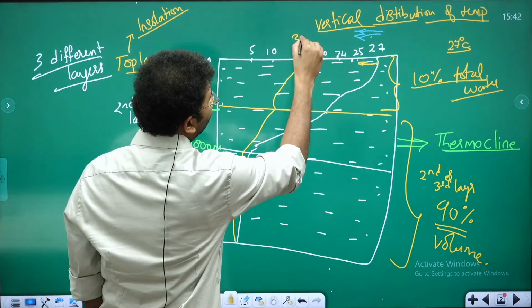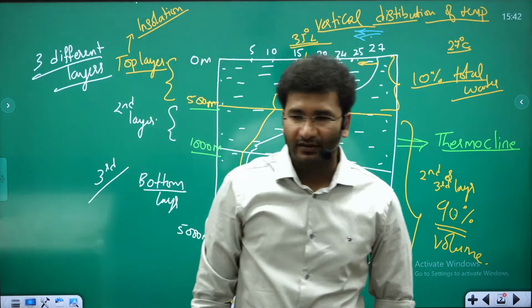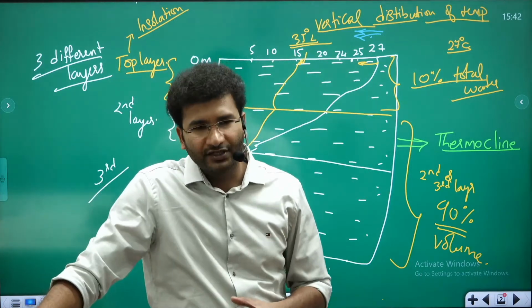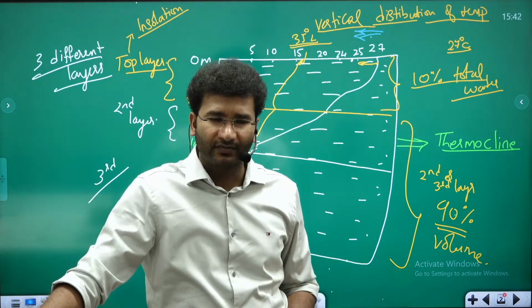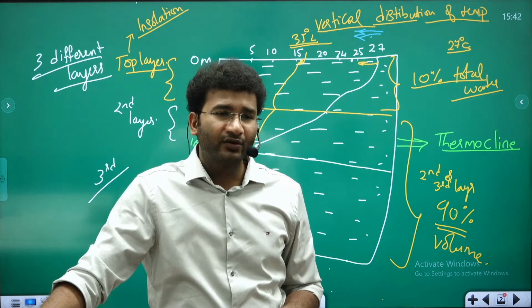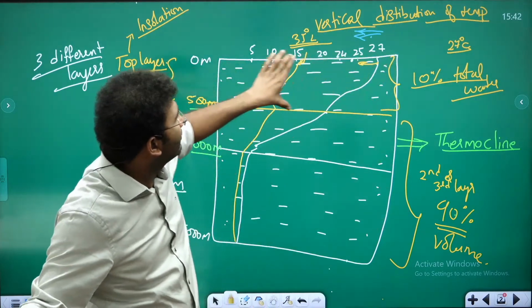Matlab around 35 degree latitude pe it is absent, right? So vertical distribution of temperature and horizontal distribution of temperature are two different things. Right. Now coming to the horizontal distribution of temperature, that means how the temperature is being distributed on the oceans.